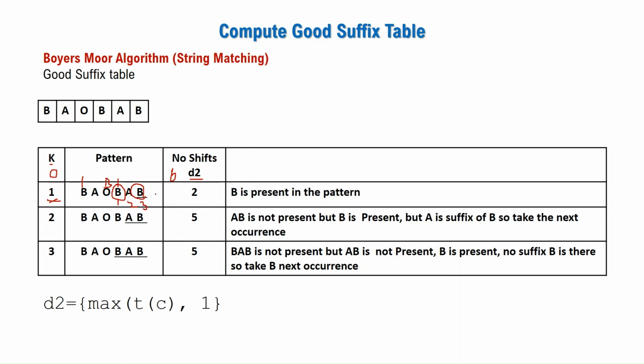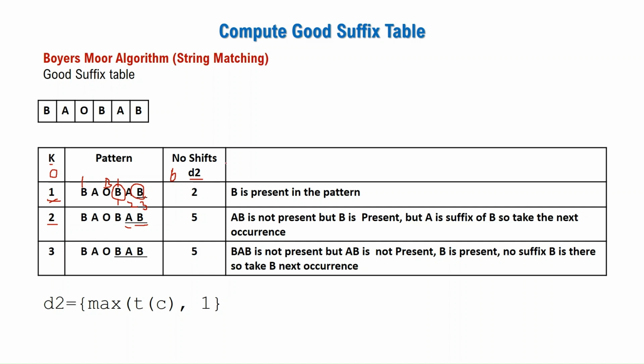Okay. So now only one character is matched. Suppose two characters are matched. Two characters means we have B and A. So A, B both are matched, but the next third character is not matched. If that is the case, then what is the shift table value? Here you observe one thing, AB is not present, but B is present here.